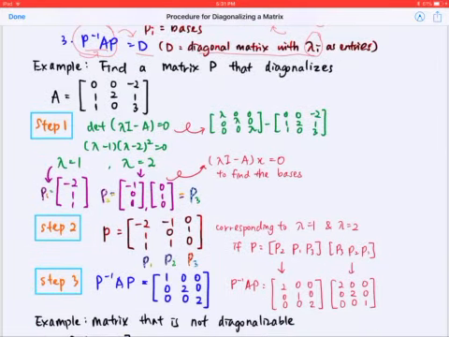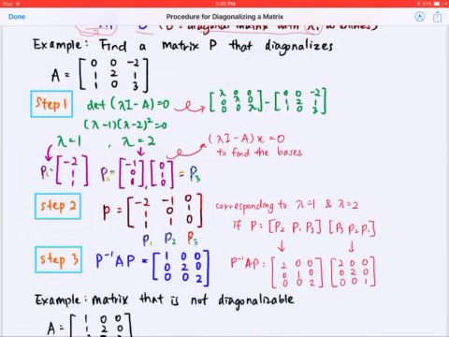So let's look at one of the examples here. Find a matrix P such that it diagonalizes the matrix A. Remember, the first step is to check whether it is diagonalizable or not. So you use the characteristic equation here, written in this way if you couldn't visualize it.